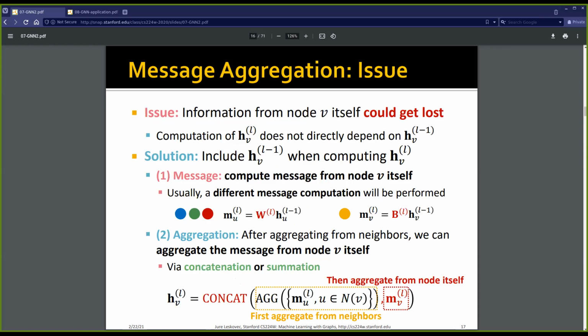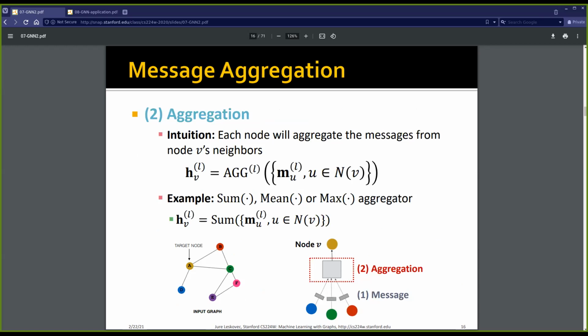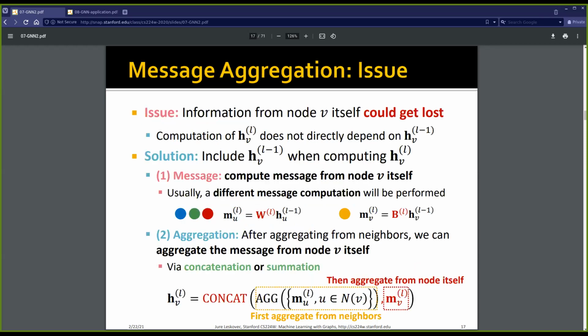First of all, if you do such an aggregation, then you're only aggregating over the neighbors, but you do not consider the message or the features of a given node. So what you need to do is also to use the representation of that node, for example, transform it using another transformation matrix, and then concatenate both features, so the new node features and the aggregation of the neighbors.